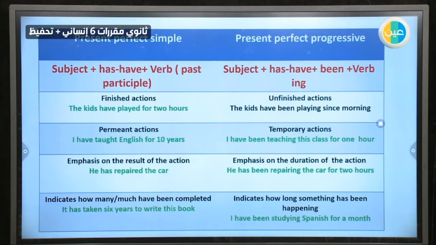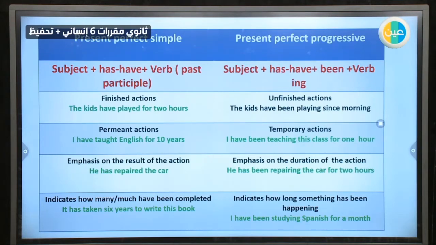Again, let's go back to our grammar section. We have the present perfect simple and present perfect progressive, and let's differentiate between them. You can take a screenshot of this slide. In present perfect simple, there is the subject, she, he, it, Ahmed, Ali, Khalid, then has, or they, you, we, I, and have.